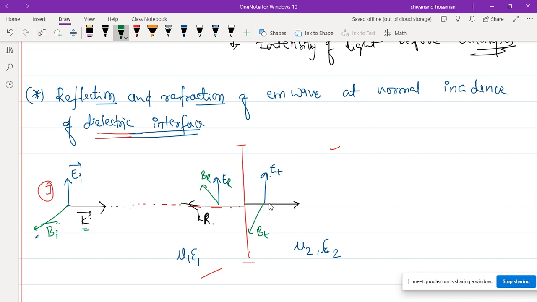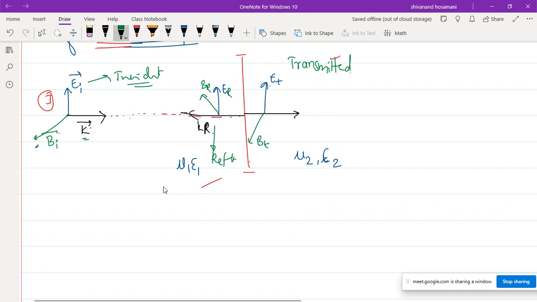All are mutually perpendicular to each other. So this is transmitted light, this one is the reflected part, this one is the incident part.